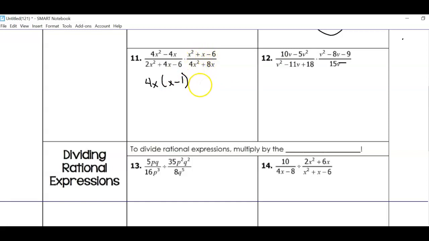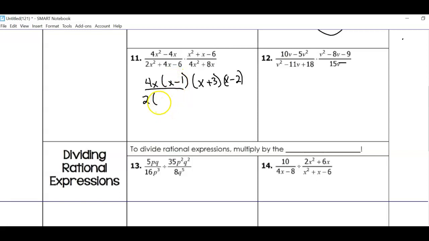So this is going to be an x plus 3, x minus 2, factored. Okay, denominator over here on the left. Let's go ahead and factor out a 2 out of that. Okay, and that leaves me with x squared plus 2x minus 6.